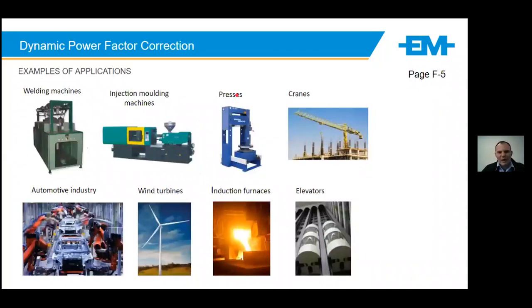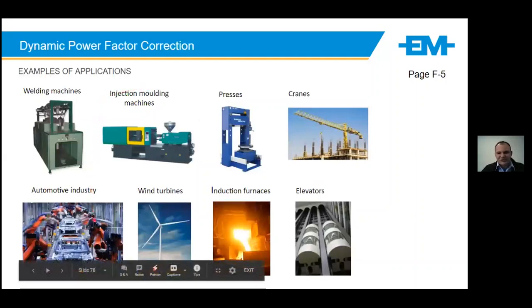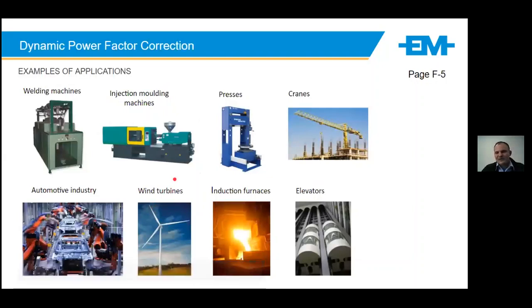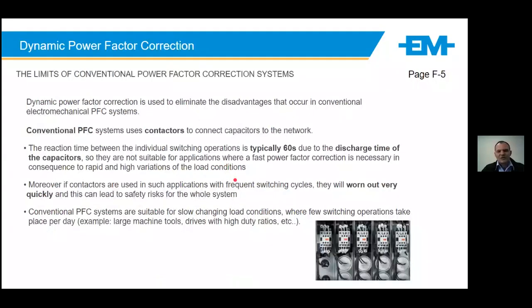Examples of where dynamic power factor would be applied, as we said, welding machines, injection molding, fast presses, automotive functions, anywhere where that load is rapidly switching. So why would we use dynamic or fast switching solutions?